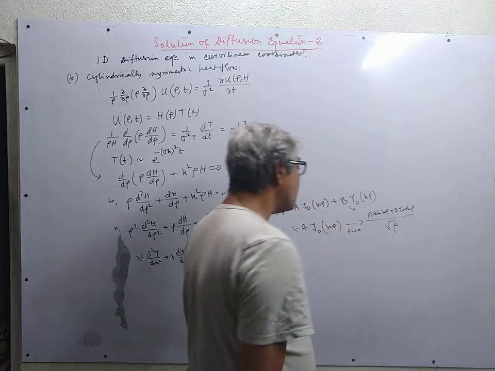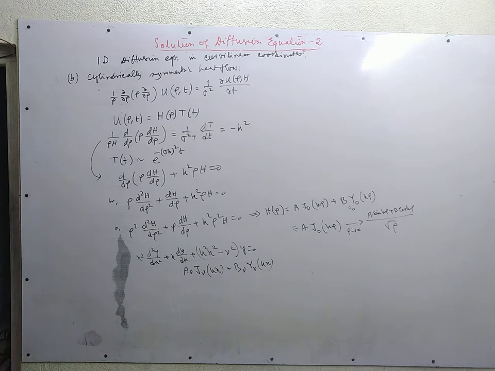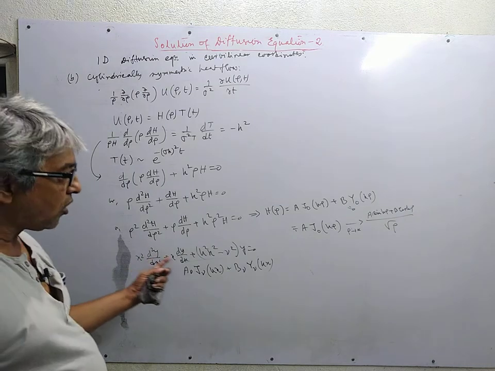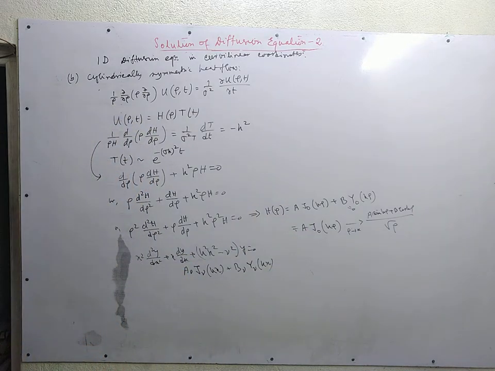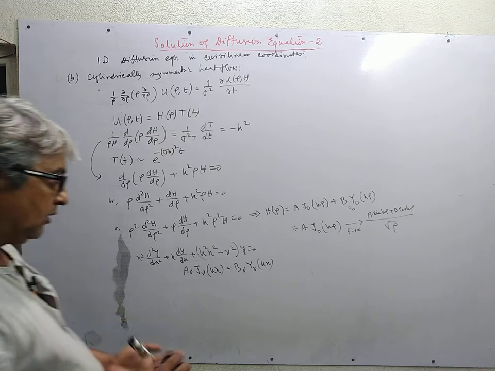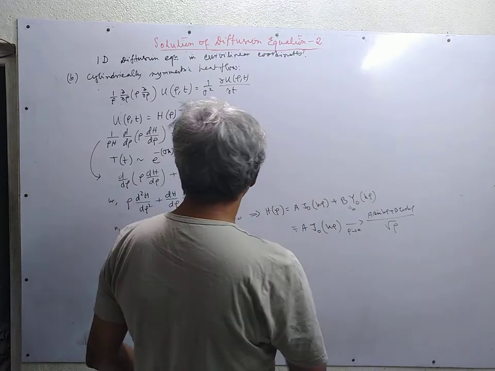This is the asymptotic behavior of the Bessel function. So we come to the same solution either through substitution or directly through Bessel function. So the solution has one spatial part, another one is the temporal part.